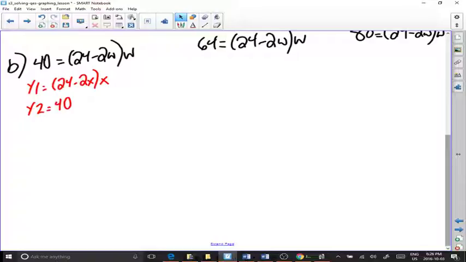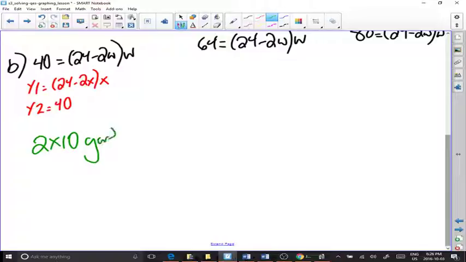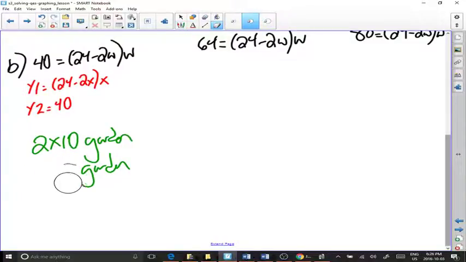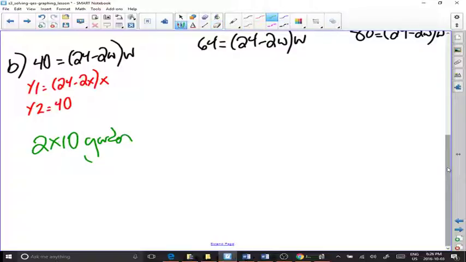In fact, you can have a 2 by 10 garden or a 10 by 2 garden. And really, those things are identical. So by figuring out both of those intersection points, what we're really doing is we're only finding one combination, and that combination is a 2x10 garden.